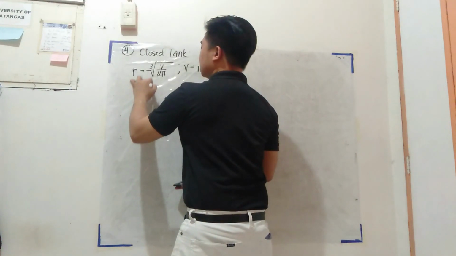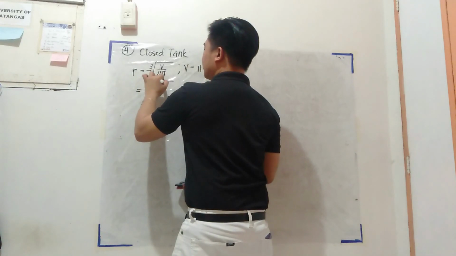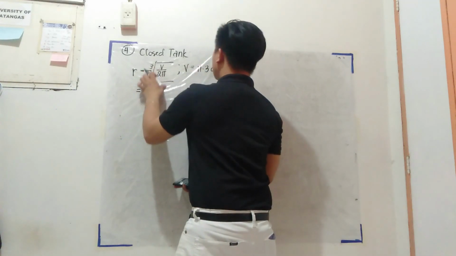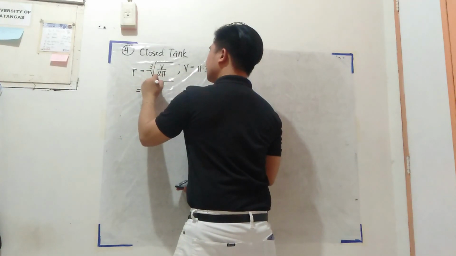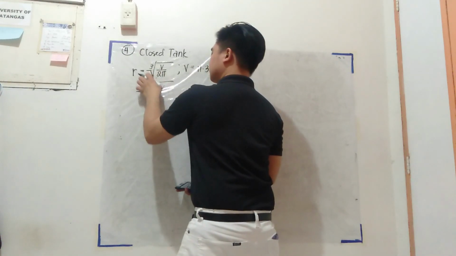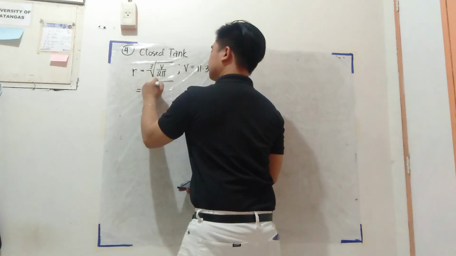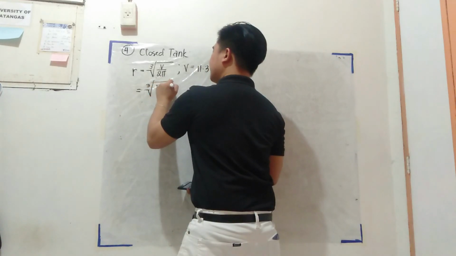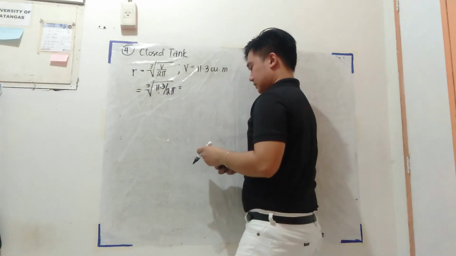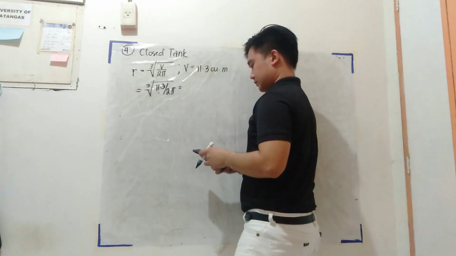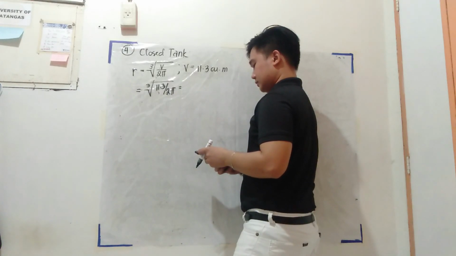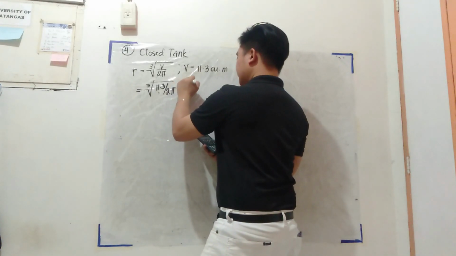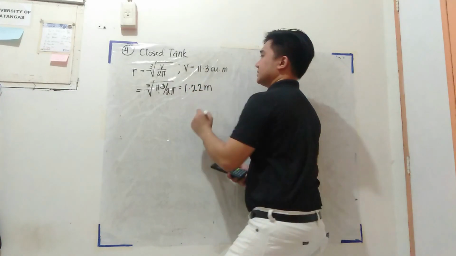So, this is equal to cube root of 11.3 over 2 pi, so this is equal to 1.22 meters.